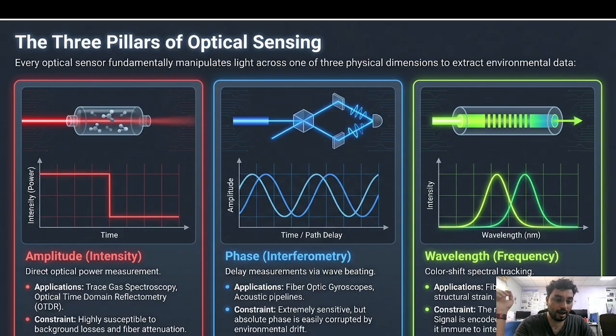In amplitude modulation, we play with the intensity. Intensity is proportional to the square of the amplitude, so direct optical measurement can be done with a photodiode. The applications are trace gas spectroscopy and optical time domain reflectometry.